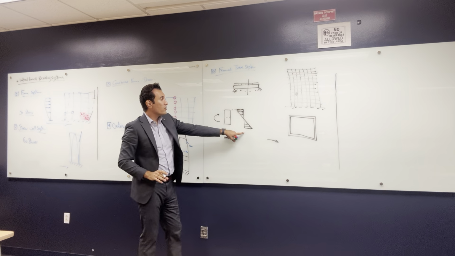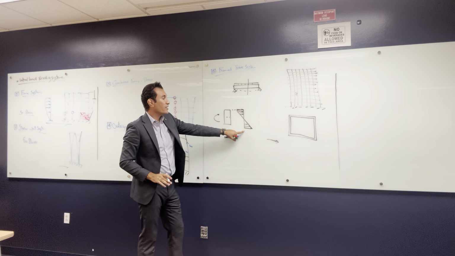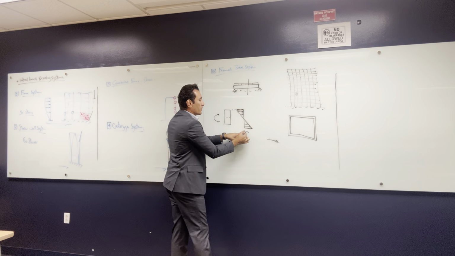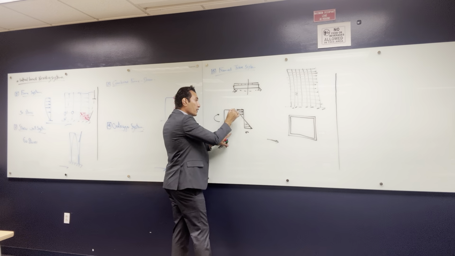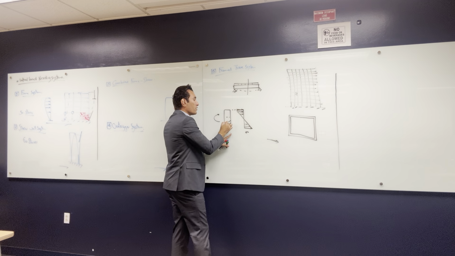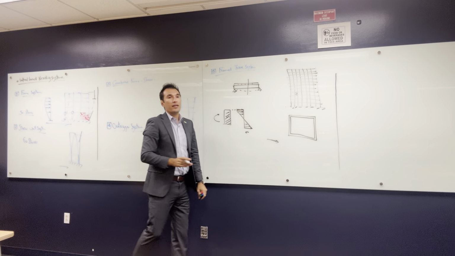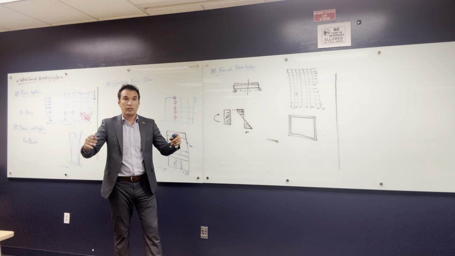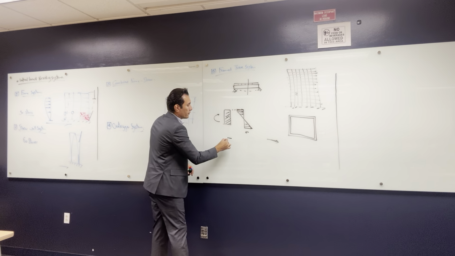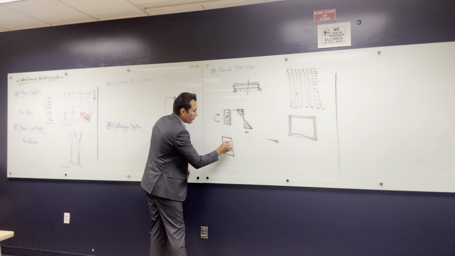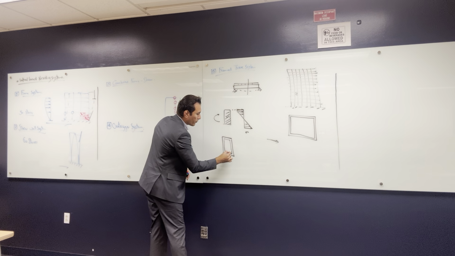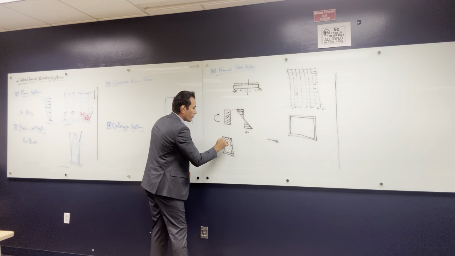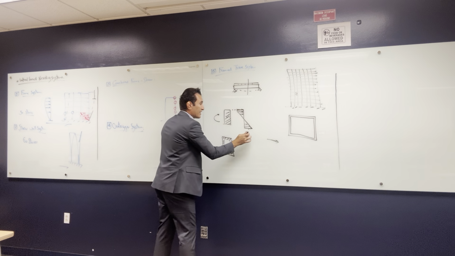Why is the stress curve, this is sigma, linear? Because this cross section is solid. But what if this is a bridge section? A bridge section, like a hollow section, something like this. This thing is not gonna be linear.